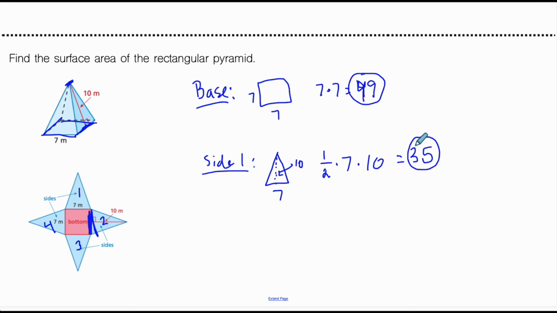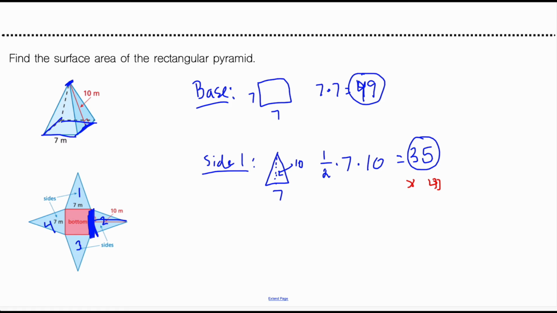Now, for this pyramid, all of the triangular faces are exactly the same. They all have a height of 10 and they all have a base of 7. So to save yourself some time, instead of writing side 1, side 2, side 3, side 4 and doing the same exact work 4 times over, you could just take that 35, which represents one of the sides, and multiply that by 4, quadruple it.